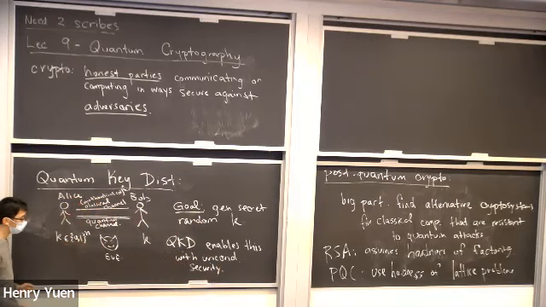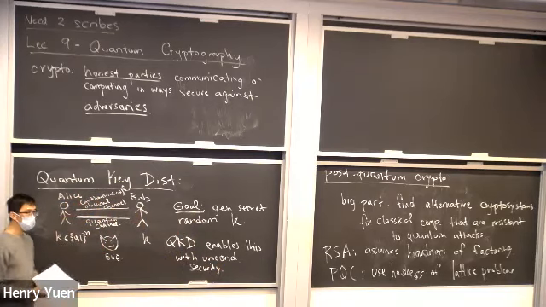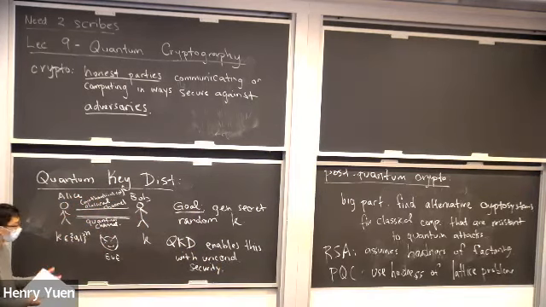Like this will be secure forever. This is also one of the oldest applications of quantum information and one of the most mature. People have built quantum key distribution systems. It's commercialized, so it's a real-life thing, and people have actually deployed it.